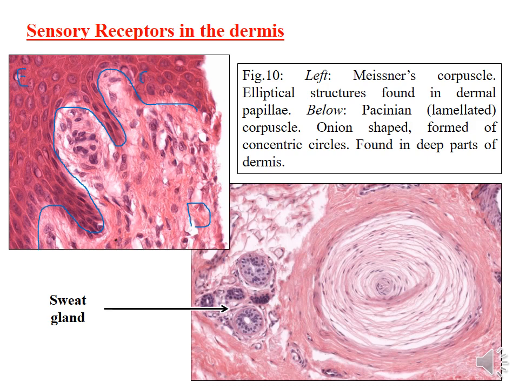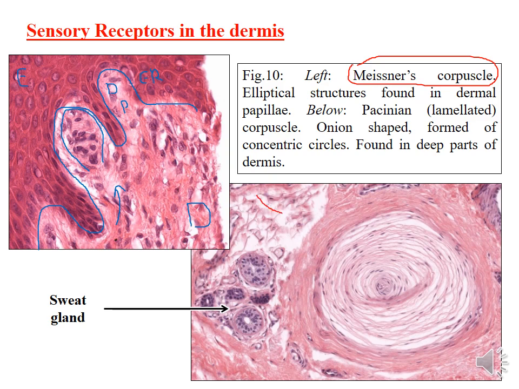Here we have an epidermal ridge, and this is a dermal papilla. In this dermal papilla, we have this elliptical structure that is perpendicular to the direction of the epidermis, and this is Meissner's corpuscle.